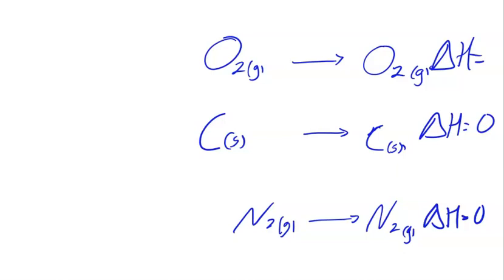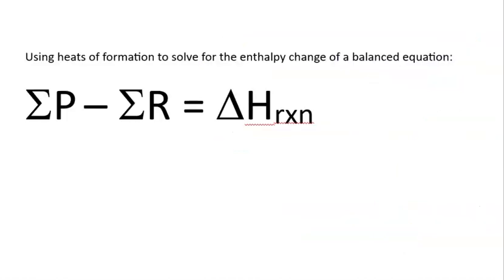It will be a variable in a problem. And in algebra, if you know that one of the variables is 0, you can solve for it. But if you don't know what the variable is, it's unknown. So let's get to the actual equation. So here is the algebra equation we're going to use to calculate delta H for any kind of chemical reaction whatsoever. These equations are not heat of formation equations.